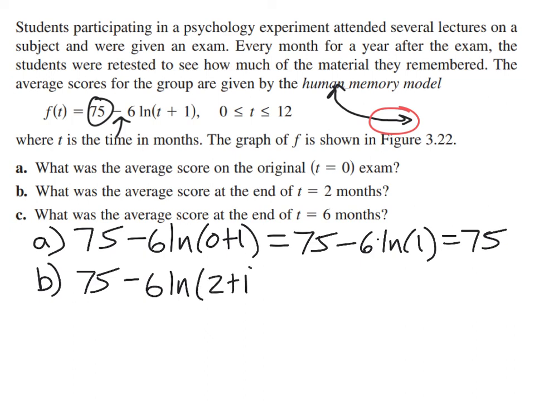Nothing crazy going on with the others, right? What would it be after 2 months? Just plug in 2. The thing you'd notice here, however, is you'd end up taking natural log of 3 right at this point, so you're going to need a calculator.